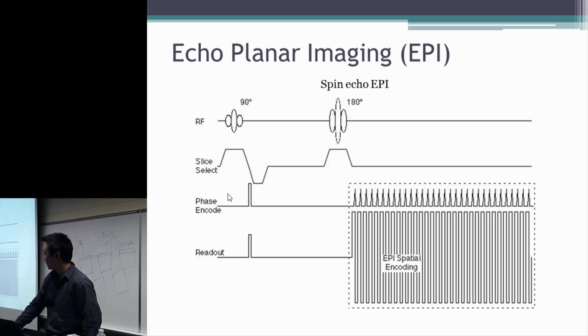So it's the same here. We also have this phase encoding prephase gradient and this readout prephase gradient. So this sequence is mainly a T2 weighted sequence.